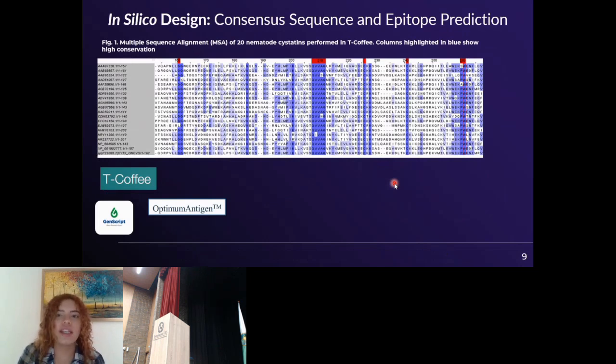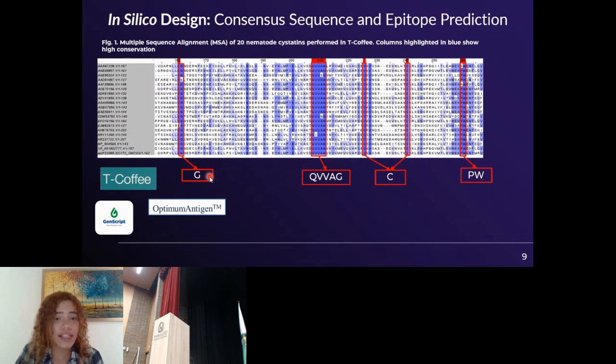As you can see in the slide, the color scheme highlights the amino acids according to their percentage of conservation. And in this case, we can see 4 highly conserved regions, which are the N-terminal glycine at position 161. We have the glutamine, valine, alanine, glycine motif between positions 208 and 212.